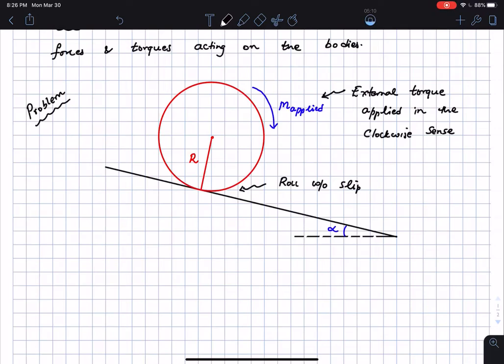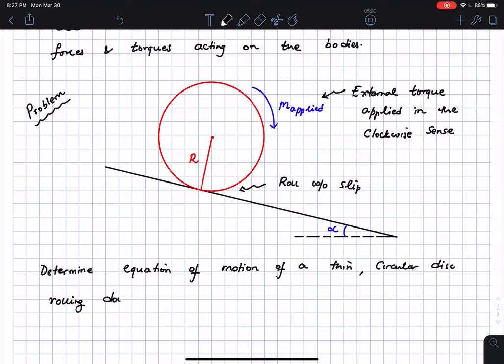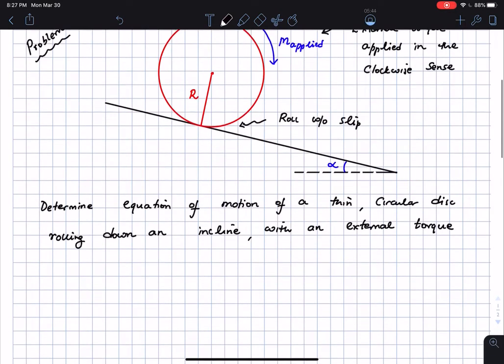So determine the equation of motion of a thin circular disk rolling down an incline with an external torque, which is denoted as M external, acting on it.